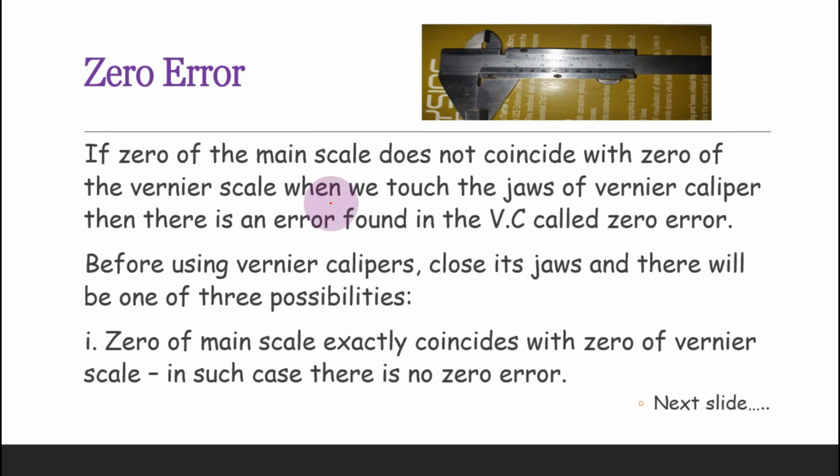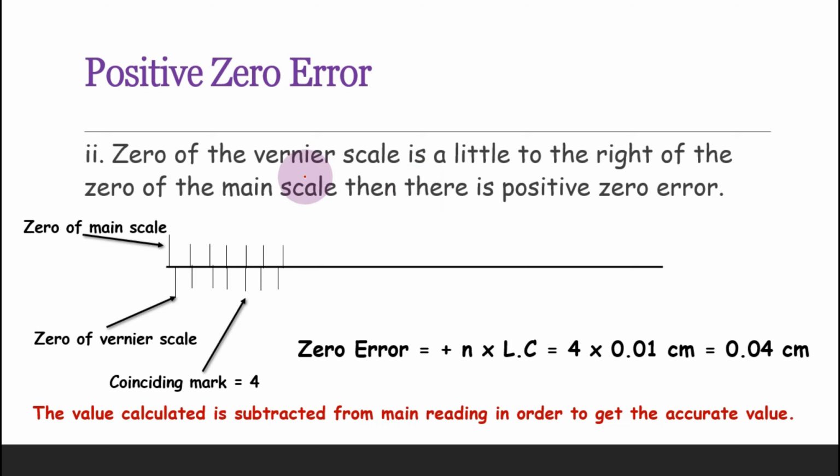Positive zero error: if zero of the vernier scale is a little to the right of the zero of the main scale, like I told you here, for example, if I have a faulty apparatus that is closed, but still this zero is to the right as compared to this zero, so they are not aligned, then we call it the positive zero error.